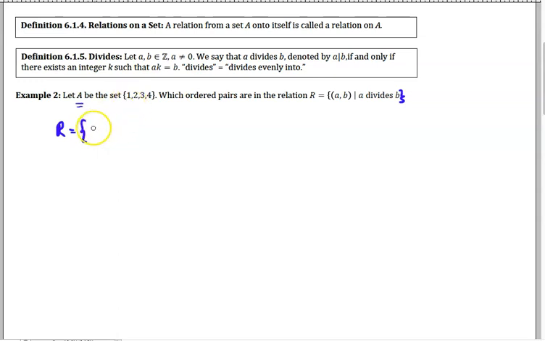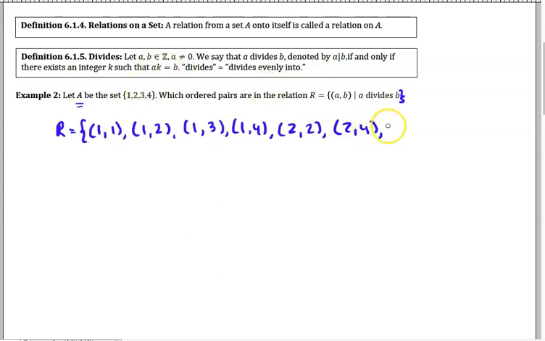If we look at the first one, 1 divides into 1, 1 divides into 2, 1 divides into 3, and 1 divides into 4. So all those are elements of the relation. Now let's go with the 2. 2 divides itself. 2 does not divide 3, but 2 divides 4.